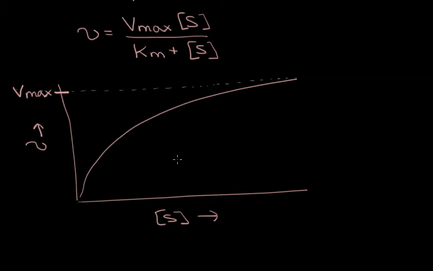Okay. The km is defined as the concentration of substrate at 1/2 of the Vmax.